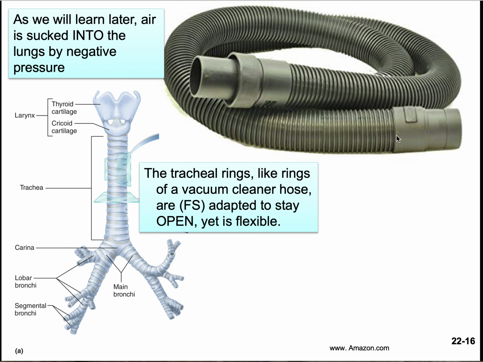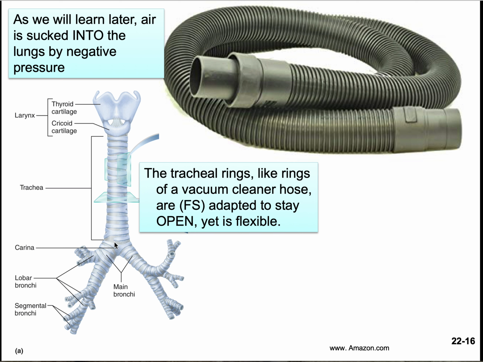Because the structure of a vacuum cleaner hose, consisting of a series of rigid rings, but a series of rigid rings, not just a solid tube, keeps this tube open and furthermore allows the tube to be flexible. So what would be the case if your trachea was a solid tube, like a piece of pipe?